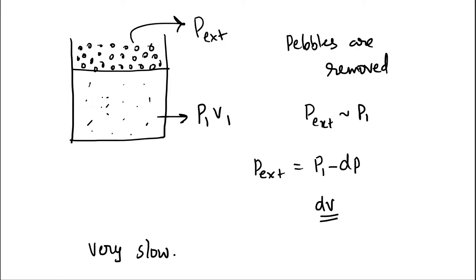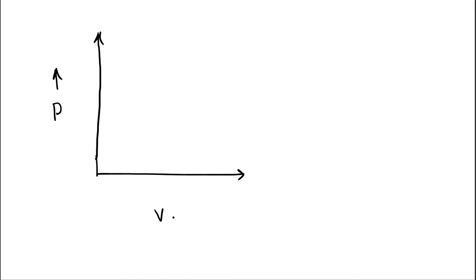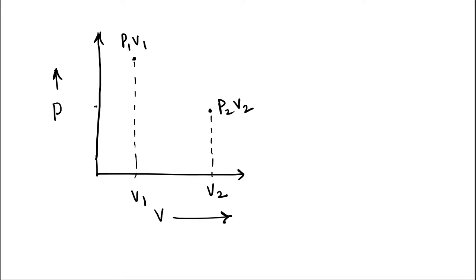Therefore if we draw the graph for this isothermal reversible expansion in a PV graph, this is the pressure axis, this is the volume axis. Initially we are at P1 and V1, and finally we are at P2 and V2. This is V2, this is V1, this is P2 and this is P1, and we know that in expansion V1 is less than V2, therefore P1 is greater than P2.